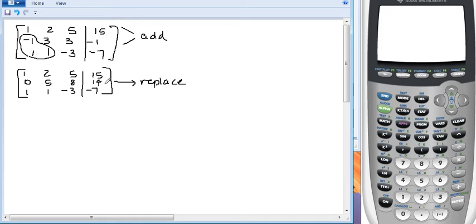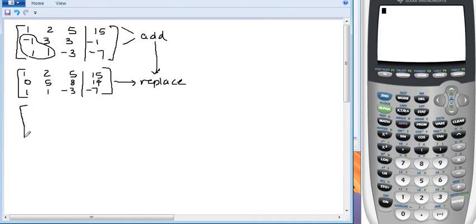Didn't leave myself a lot of room there, did I? So I'm going to add these two rows and replace that row. My goal is to get these three numbers into zeros here. I've got the first one. Now I'm going to work on this one.